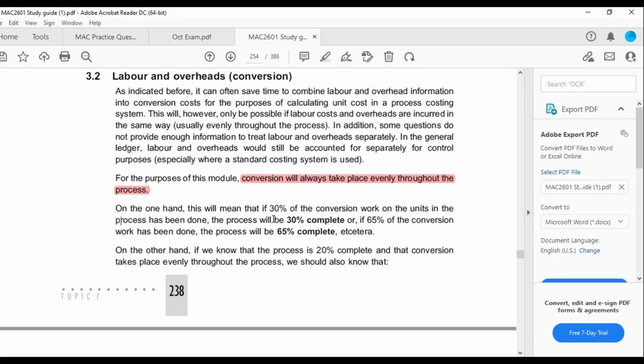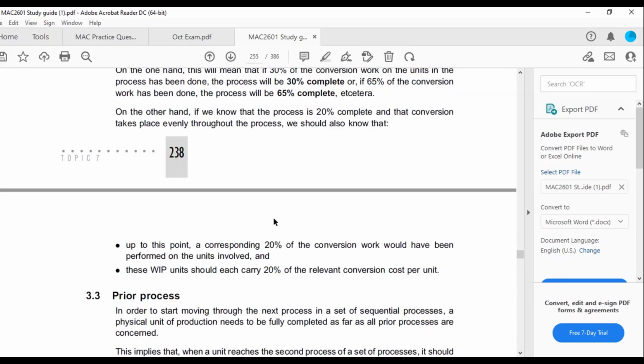Ndweleng started from this time to this time and was working with this machine. Therefore, she couldn't meet the total time, but she was 30% in. It was 30% complete. You cannot ignore the fact that some work was done. You just need to know what the percentage of completion was, because that's when you'll be able to apply that percentage to the cost. You don't want to overstate your cost per unit. That's why we're looking at the percentage.